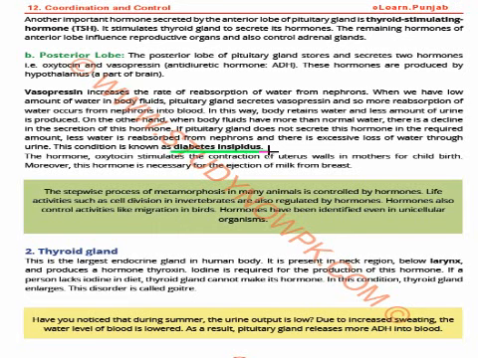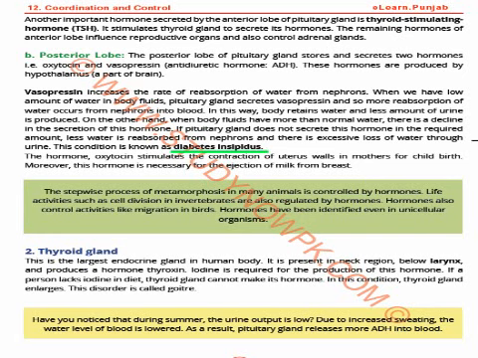So you must know about the disease, the location of the gland, the action of the gland, and the process which happens. For example, ADH, antidiuretic hormone, which is the vasopressin. They explain the process.